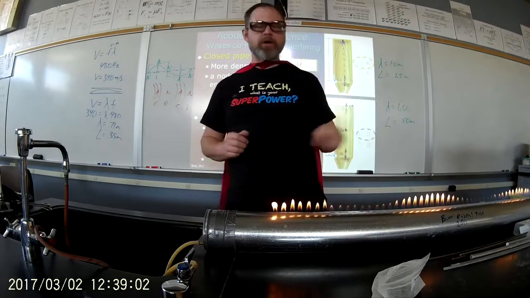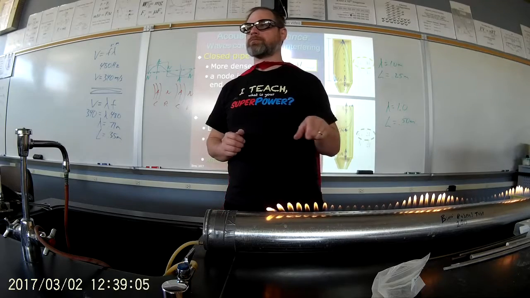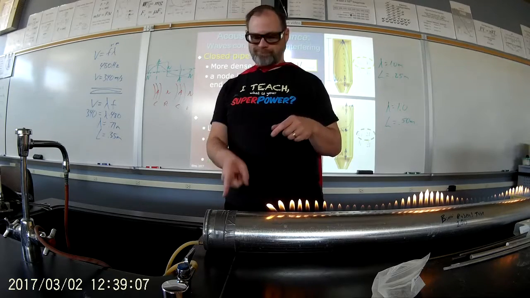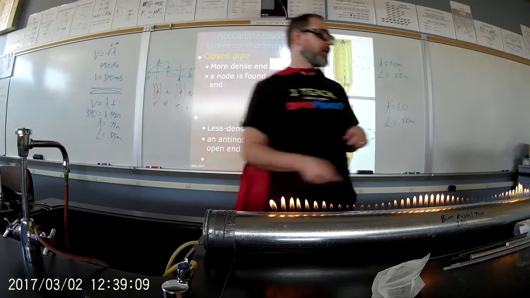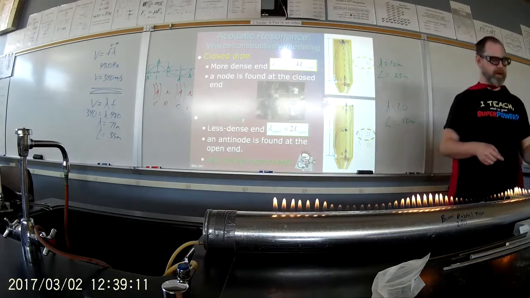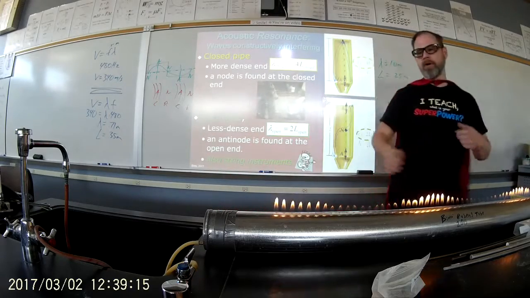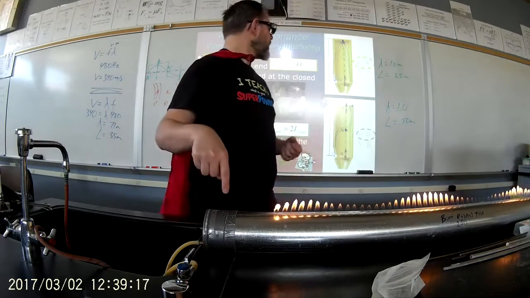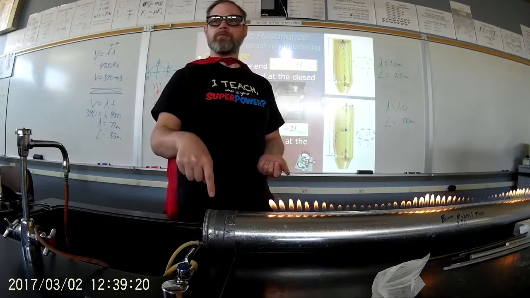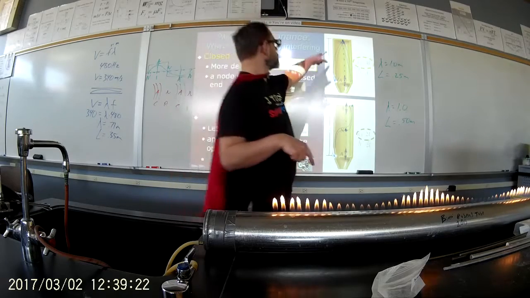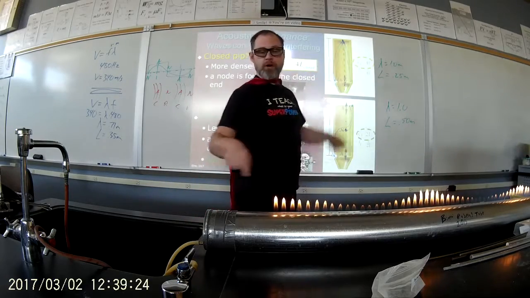Is this an open or a closed pipe? It's closed. There's an open end for the sound to come in, and then there's a closed end. So if this is a closed pipe, down here, is this an antinode or a node? It's a node.